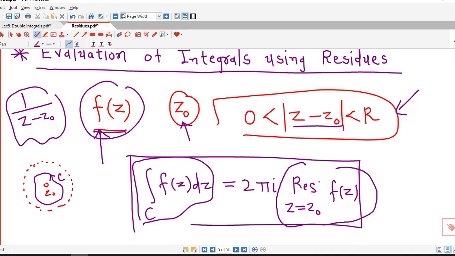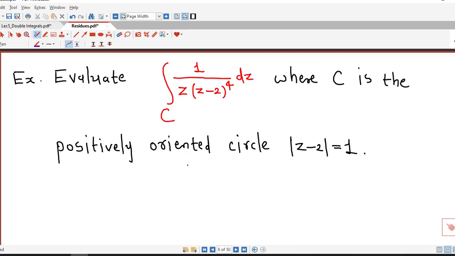Then we multiply that residue with 2 pi i, which gives us the value of this complex integral. We discuss one more example in this lecture for the application of residues to evaluate this integral.